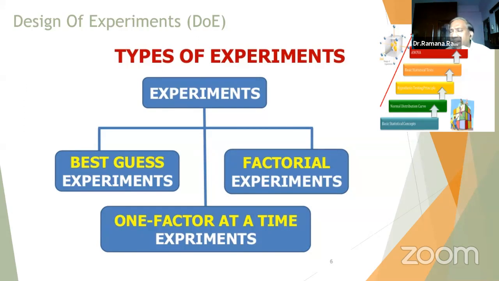So one factor at a time started consuming more time and not giving an optimal influence of all the independent parameters on Y. Then people moved to factorial experiments.